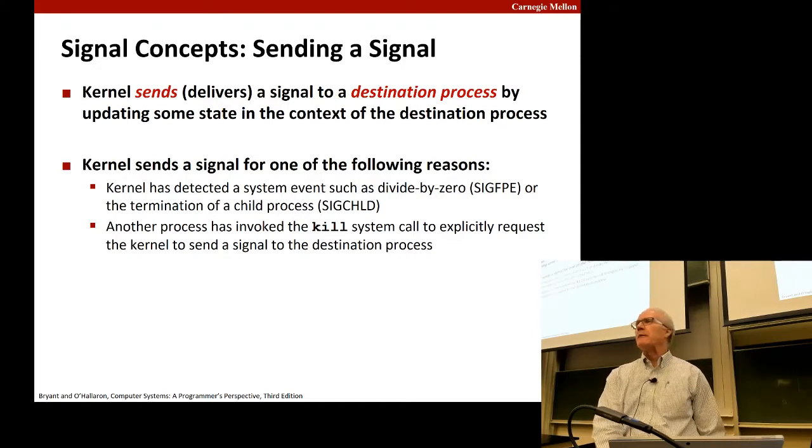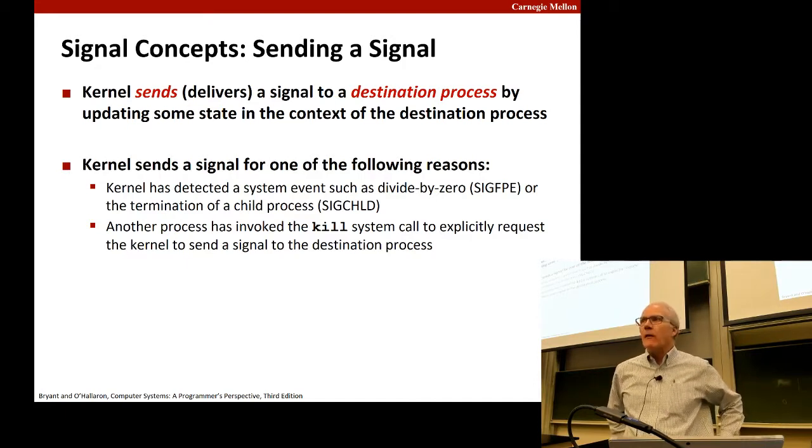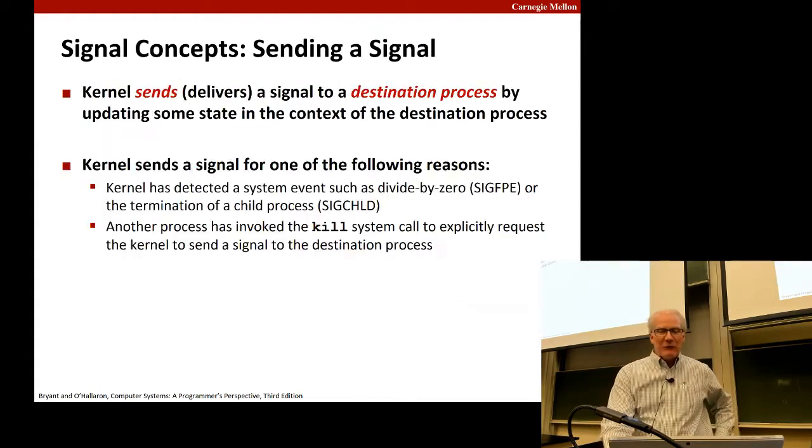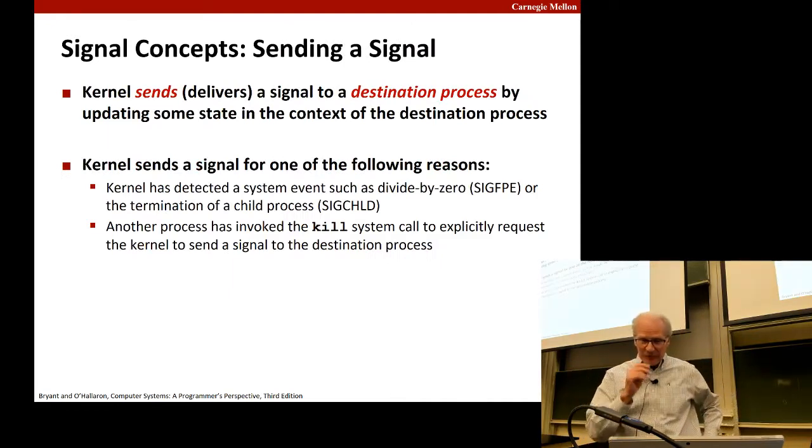One is if there's some system event, or one process has basically asked the operating system to deliver a signal. And there's this very misleading function and actually command called kill, which normally if you say kill, it means send a SIGINT, but you can actually use kill to send any signal type to any process.